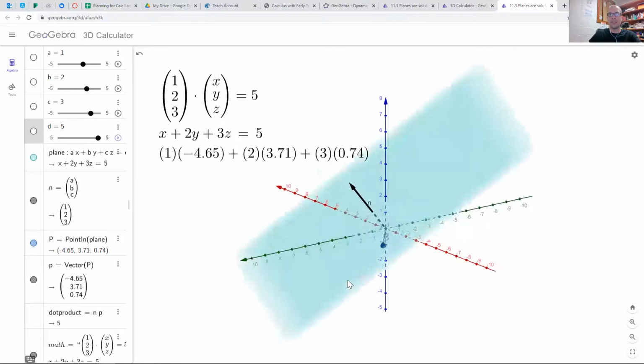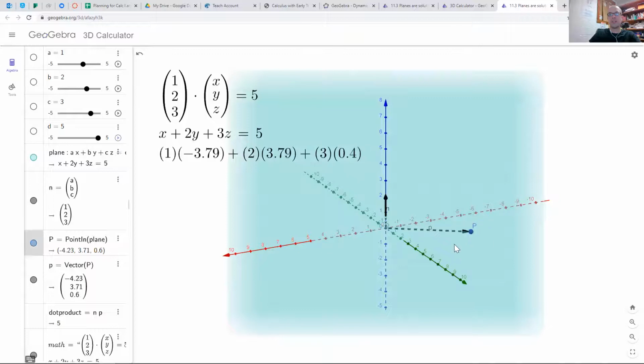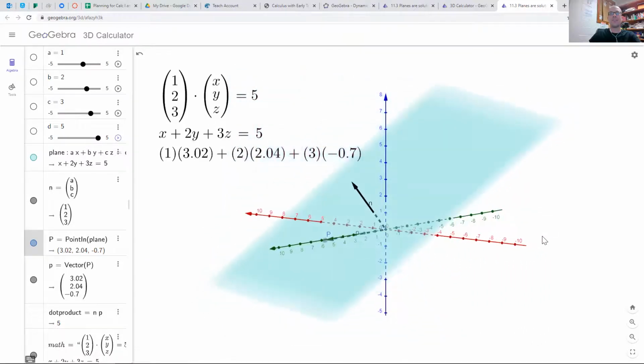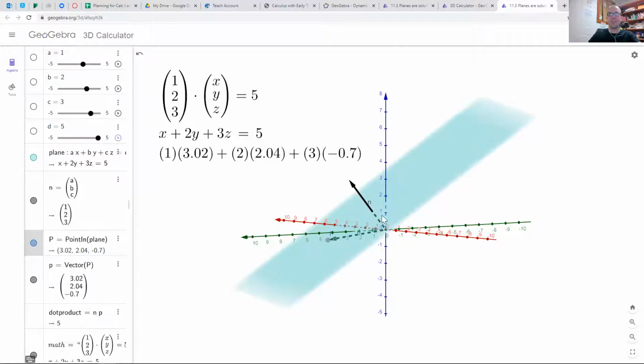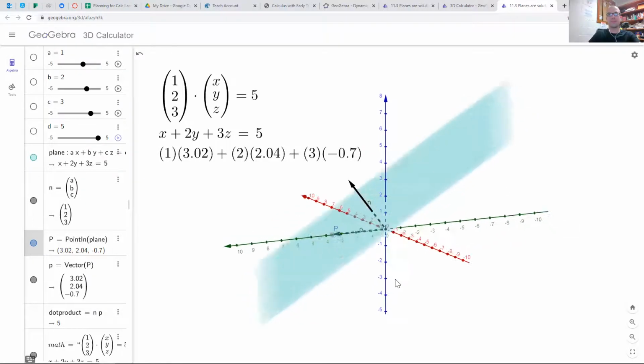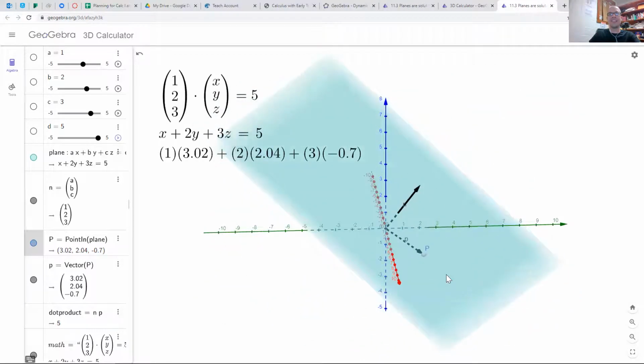And that's the thing that stays constant. So the d that you have on the end is the constant dot product that you would get with the plane's normal vector with any point in the plane. I think that that's super cool.